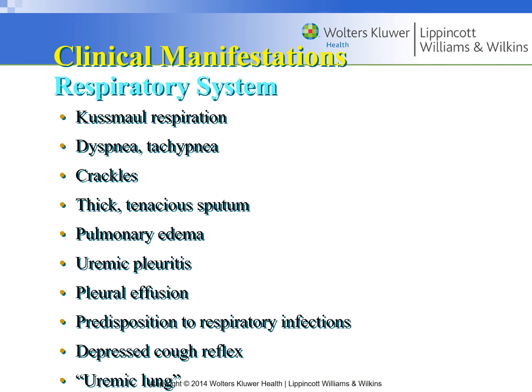Remember, there's uremia everywhere, so in that pleural space it can be uremic there, and pleural effusion, meaning fluid in the pleural area where it shouldn't be. They are predisposed to respiratory infections for sure, and they'll have a depressed cough reflex as well as uremic lung.